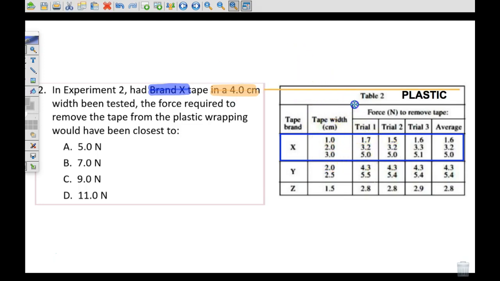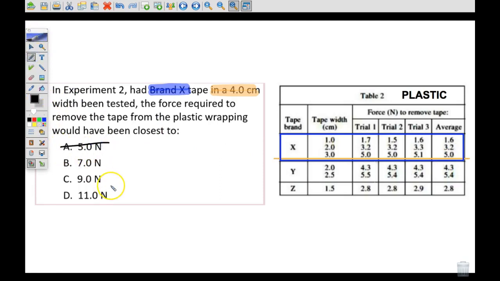So we're going to have to draw an imaginary line where 4 centimeter width would be and look where our averages might end up. At 1 centimeter width, it was 1.6 newtons. At 2 centimeters width, it was 3.2 newtons. And at 3 centimeters, it was 5.0. So this data implies that our answer is going to be greater than 5.